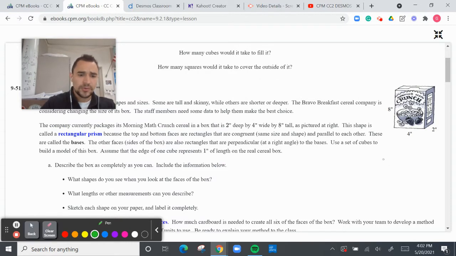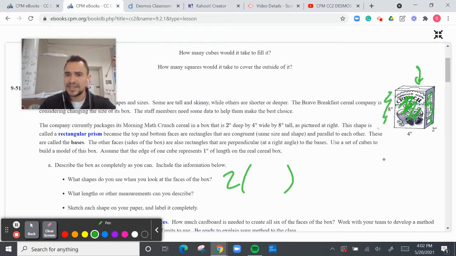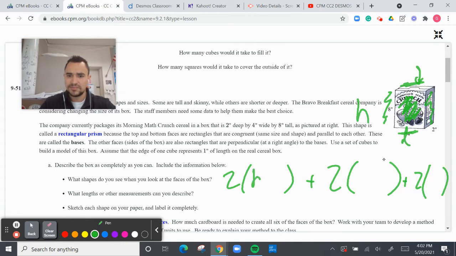So if you realize before, we had the front and the back. So there's 2 faces on the front and the back. And then we also have 2 faces on the side and side. And then we had another 2 faces on the bottom and the top. So what was our face in the front and back? Well, it was the height and the length.